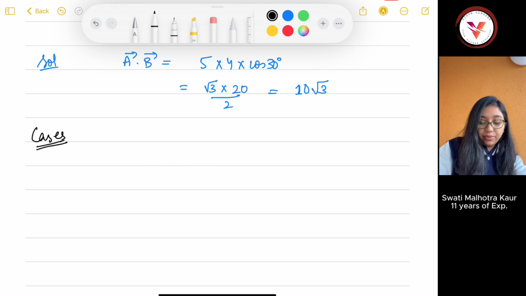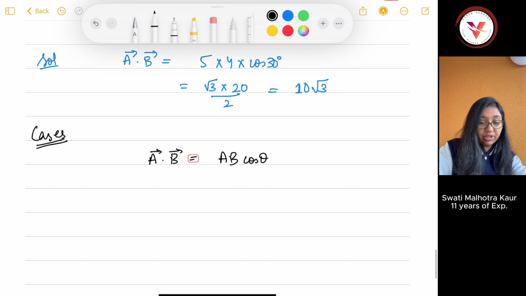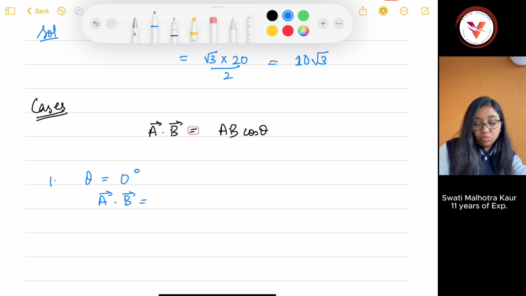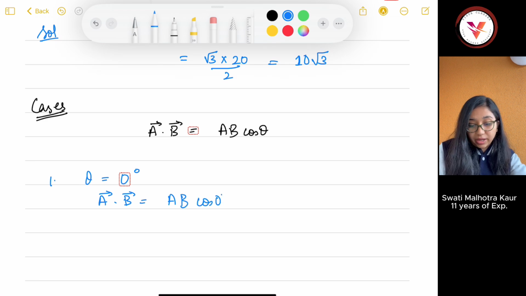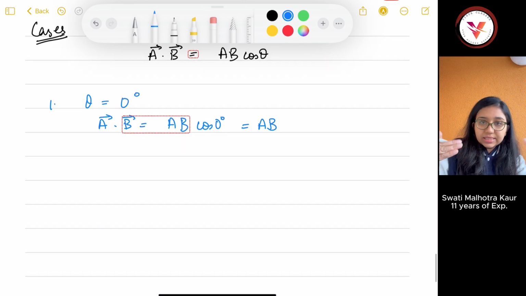We have learned that A vector dot B vector gives me AB cos theta. Now there are three cases here. First is, if theta is 0 degree, then A dot B vector is equal to magnitude of A, magnitude of B, cos 0 degree is 1. It is simply AB.